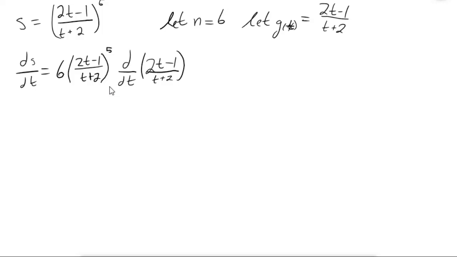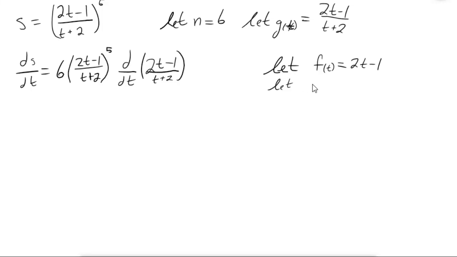The second part, we're going to have to use our quotient rule to deal with that. So using our quotient rule, f has not been used, so let f of t equal 2t minus 1.